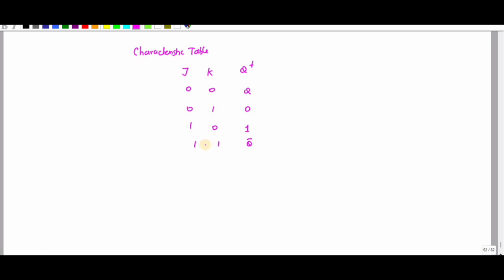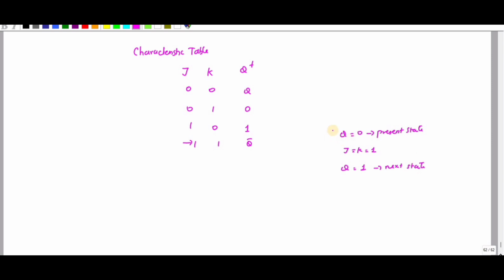So whenever JK is 1 1, if the Q value is 0 in your present state, then the next state is 1.